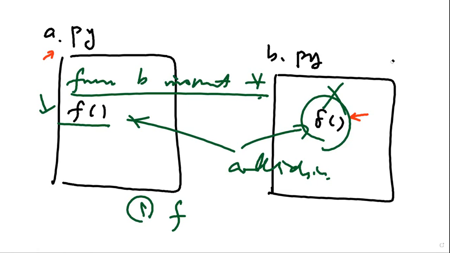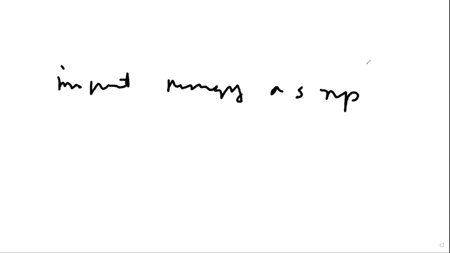So usually we do not encourage doing this from B import star, because once you merge two namespaces, some of the variables will have collision. So usually when we have someone actually using the module, we prefer to use import numpy as NP. As NP, we still need to use NP.array, but the namespace will not be merged.